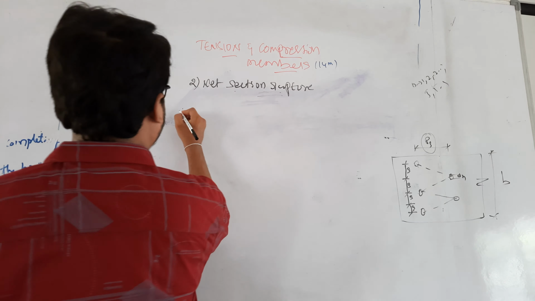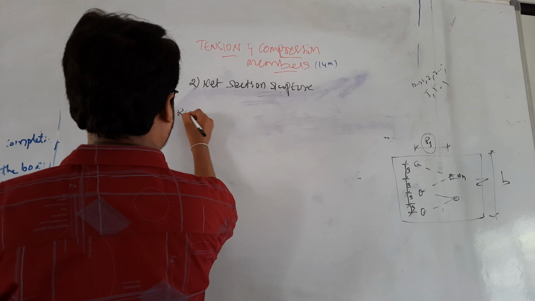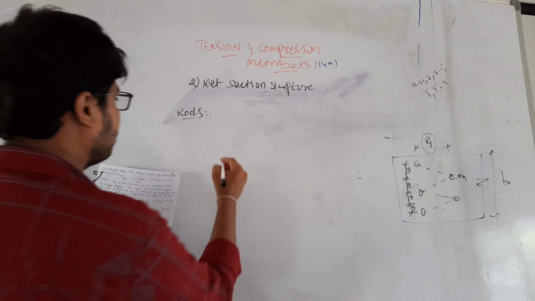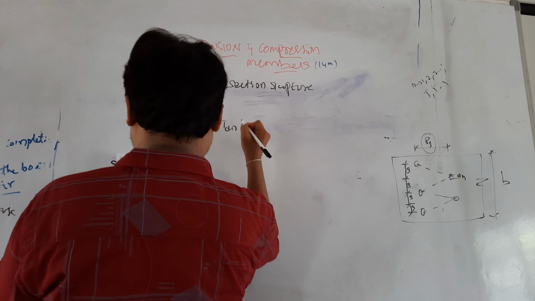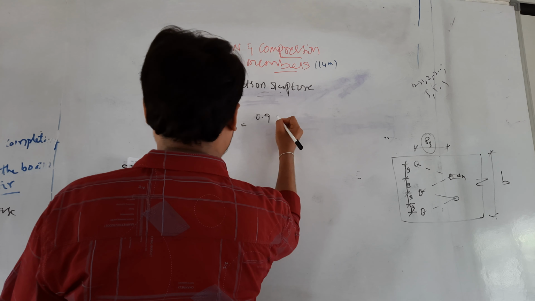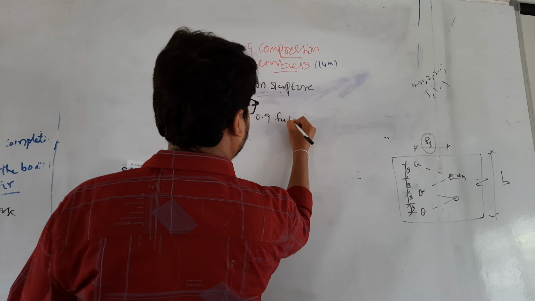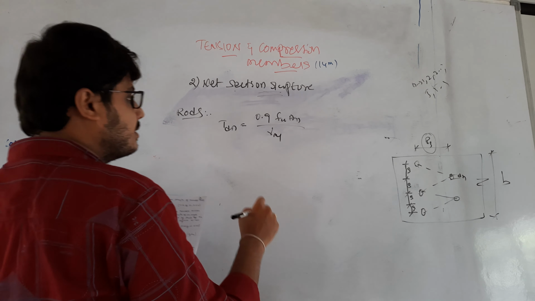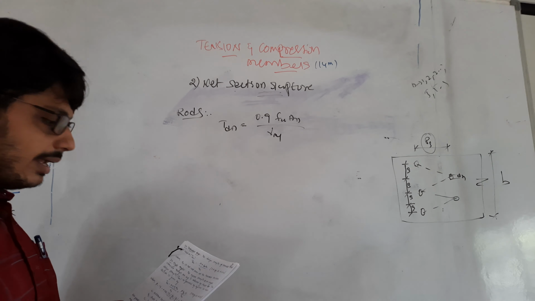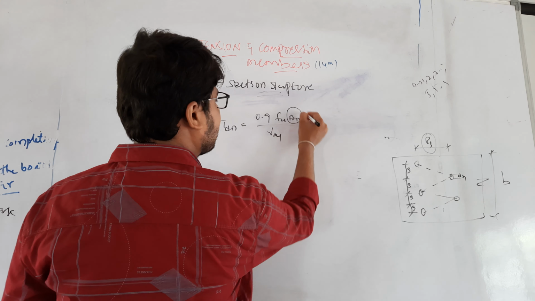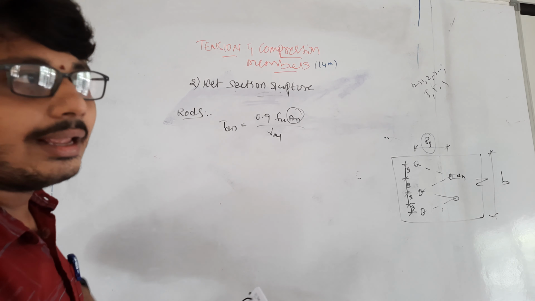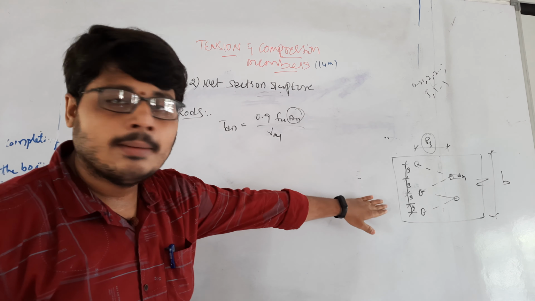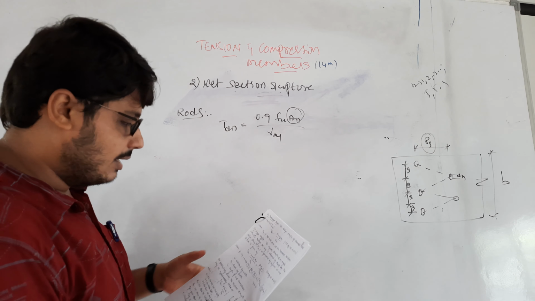If it is rods, then Tdn equals 0.9 Fu An by gamma m1, the same. Here An is the net effective area for rods. This is for plates, and this is for rods.